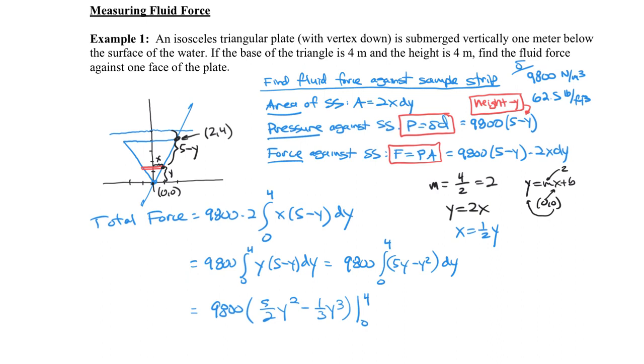And just to save you some time, plugging in the 0 isn't going to do anything for us. So you plug in the 4, go through the calculations, and we will get something like 182,933 and 1/3.